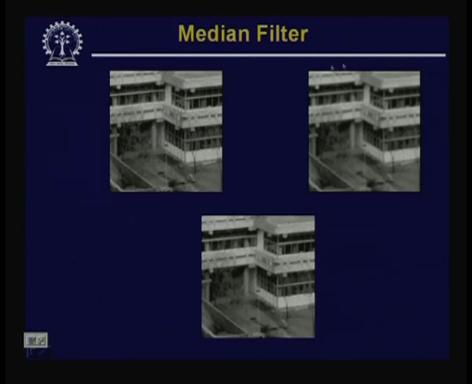On the right hand side, it is the smoothed image using box filter, and on the bottom we have the image using this median filter. Here again, the processed image obtained using the median filtering operation maintains the sharpness of the image to a greater extent than that obtained using the smoothing images.